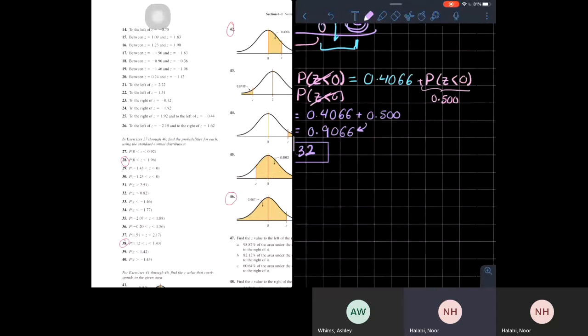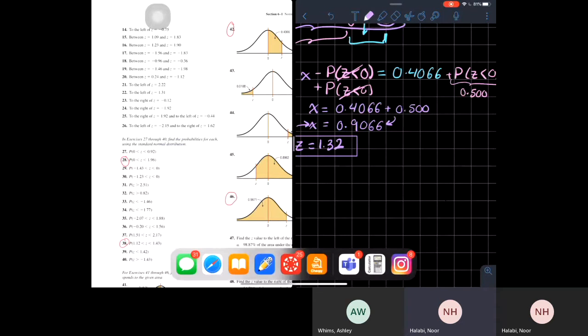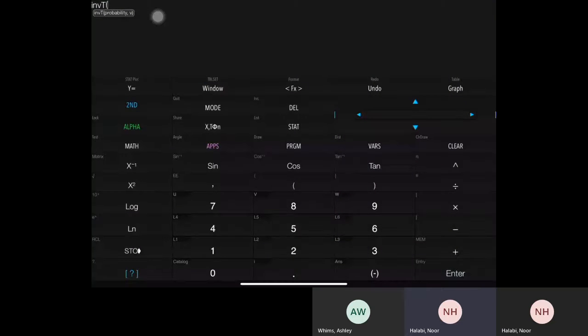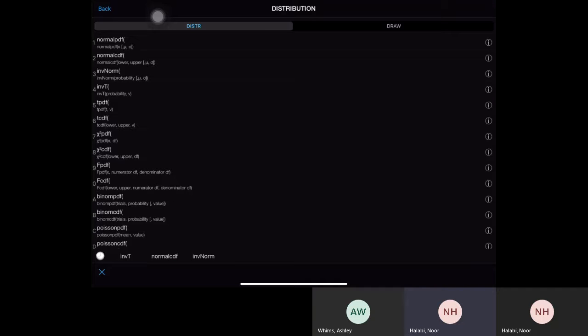However, I don't need to go back to the table. I can just plug it into the same steps, except now I plug it into the inverse norm function.